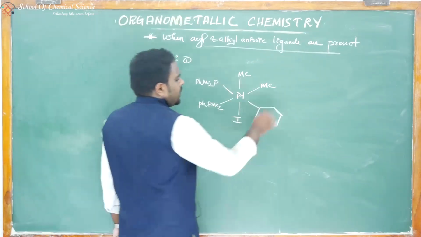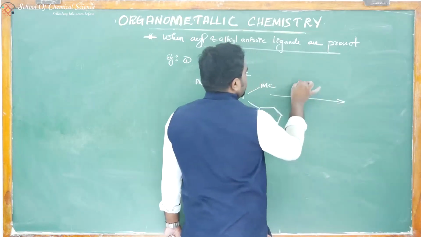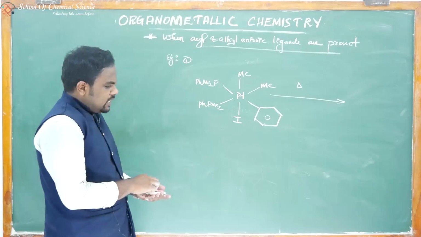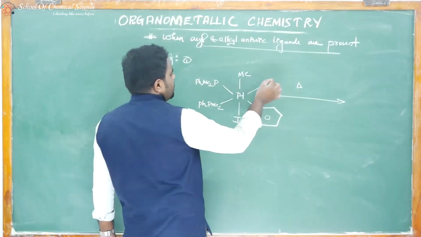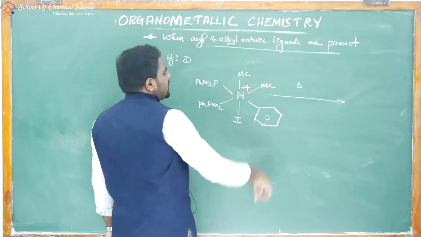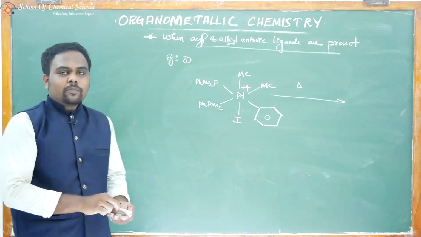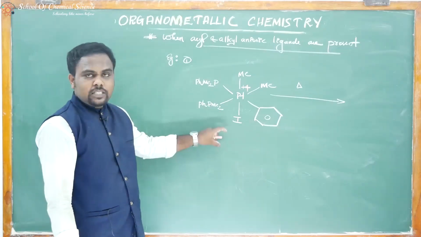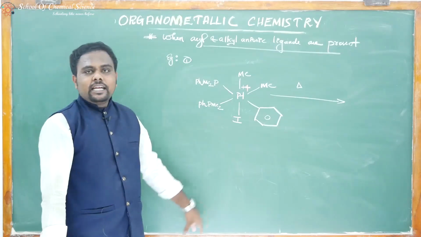Heating, simply heating. But listen, here this is methyl minus, iodine minus, aryl minus. So platinum plus 4 oxidation state. You know platinum plus 4 oxidation state is a special case. In that case trans elimination takes place. So methyl iodide is eliminated.